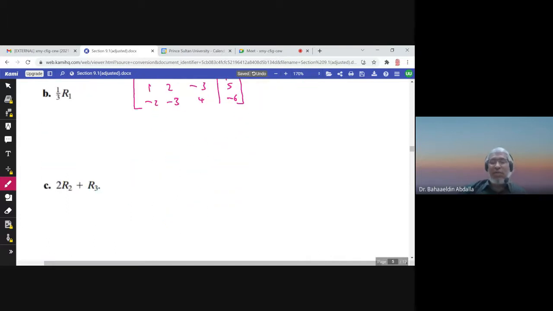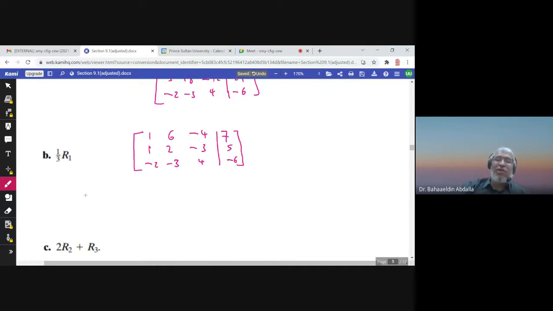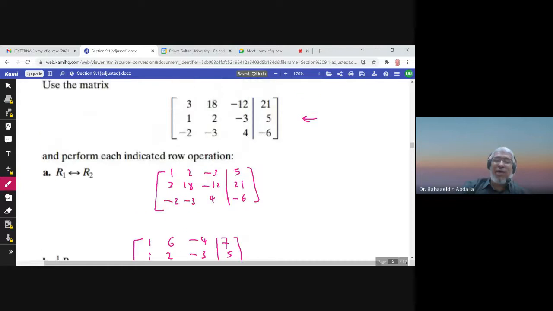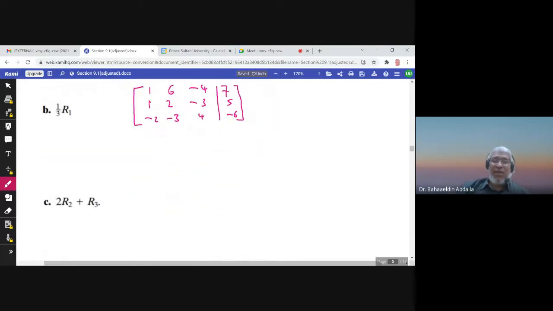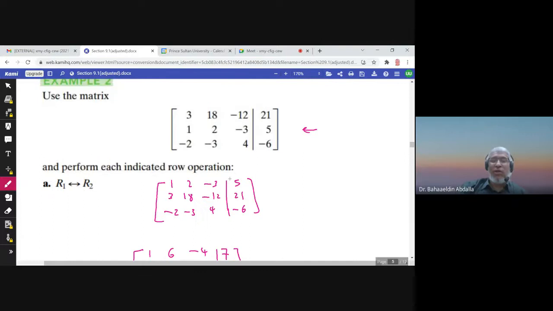Now, let us understand this one, the third row operation. Row 2 should be multiplied by 2, and you add that to row 3. All right. So let me write the matrix again: 3, 18, negative 12, and 21.